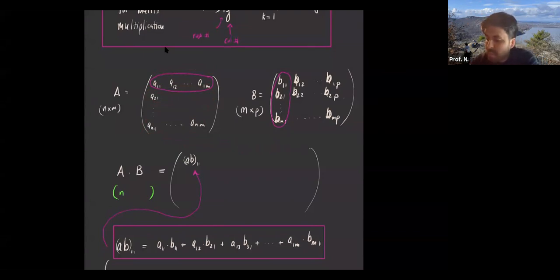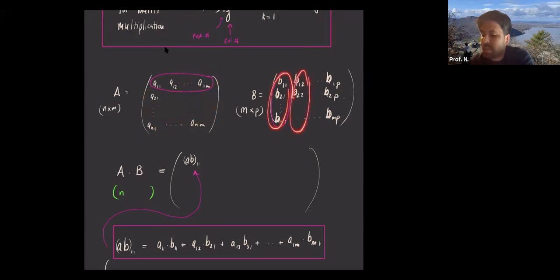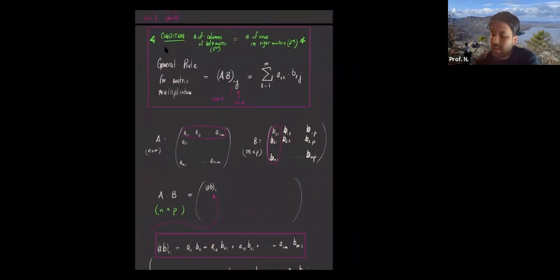Well, how many columns do I have in B? I'm taking the number of rows of this one and pairing them with the number of columns. So I'm performing this operation n times, m times, p times, pardon me. Do you guys see that? That's why it's going to be an n by p matrix at the end.